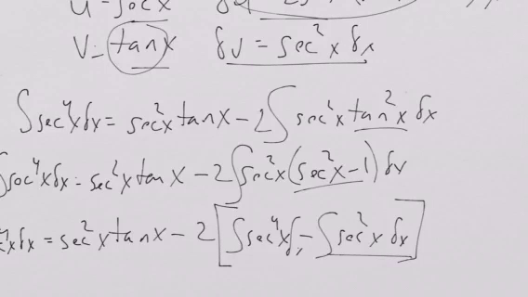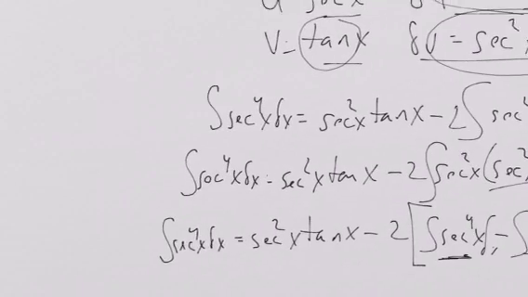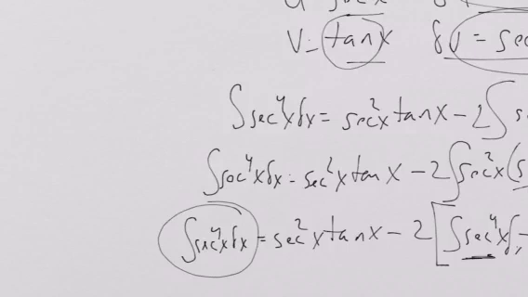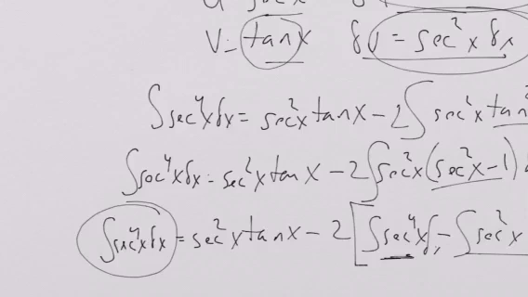So, secant squared x, I know what that is. Integral of secant squared x, we showed that up here. That's just tangent x. Secant to the 4th x, I don't know that one, but man, that looks familiar. Oh, I have it over here. So what we're going to do is combine those, secant to the 4th x.